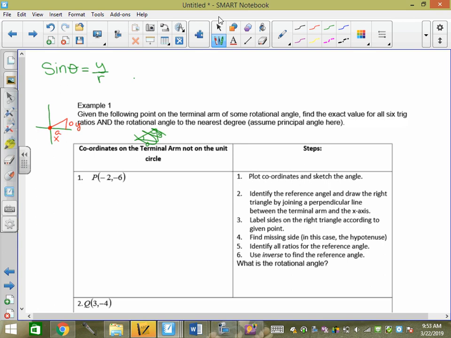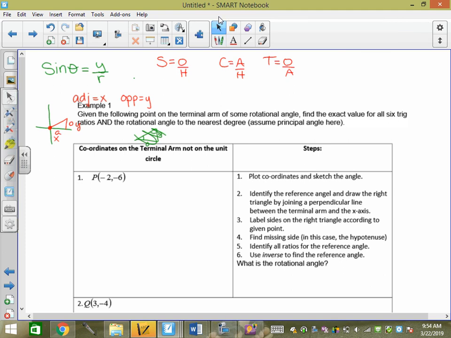So adjacent is x, and opposite is y. So when you had SOHCAHTOA back in the day, we're going to have x and y, and this is a circle that goes around, correct? So my hypotenuse is actually the radius.